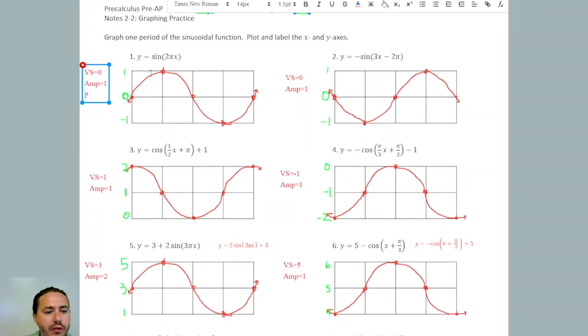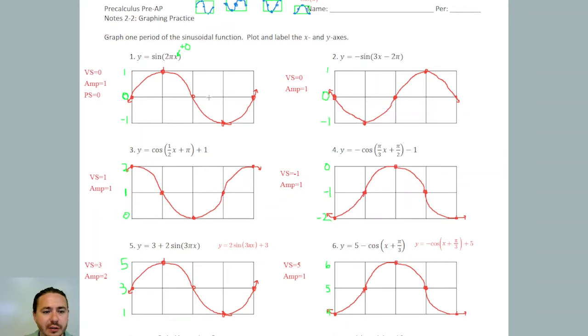Let's go over the phase shift, okay? The phase shift is where your cycle begins. It'll be right here. And the way you calculate that is C divided by B. In this case, the C is 0 because if you'll notice, we're not actually adding anything here. If there was a plus something, we would have a phase shift.